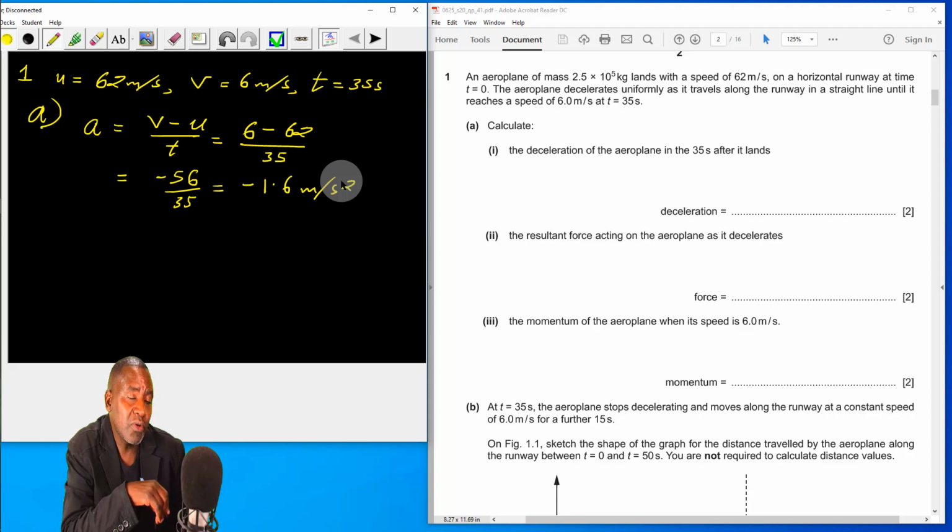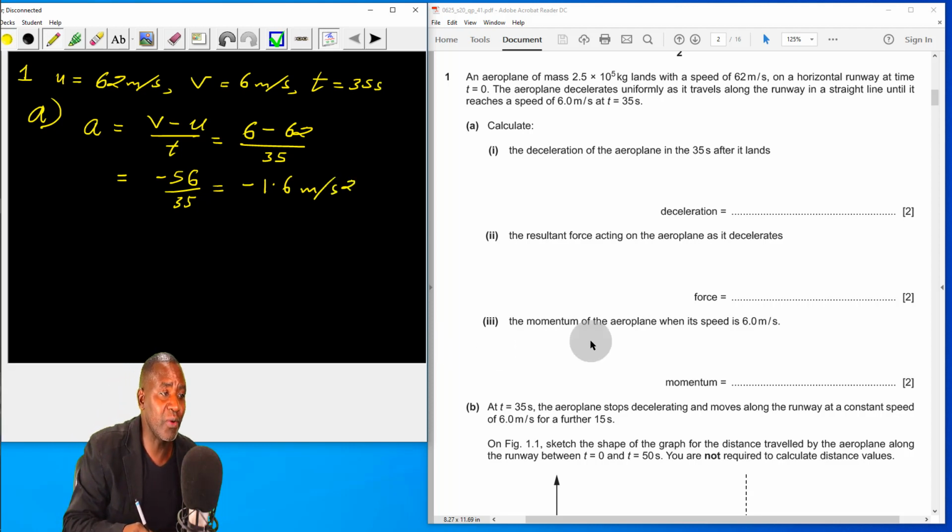Now that is not the end of it, because I've worked out the acceleration. The question requires me to write down the deceleration. And we have just agreed that if the acceleration has a negative sign, you call it deceleration. So my answer will read like this.